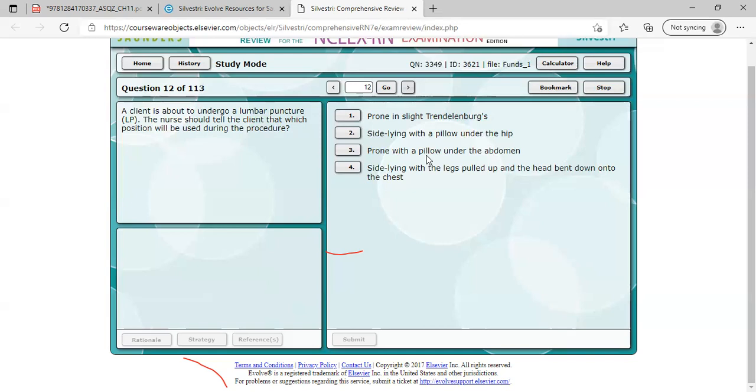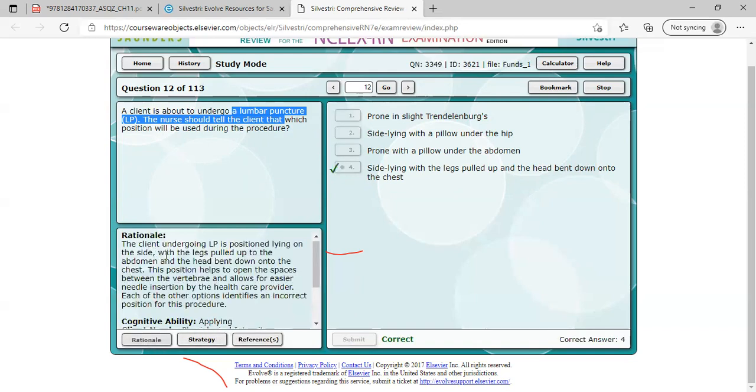Prone means lie on the abdomen. But when patient need lumbar puncture, always patient should be side lying with the legs pulled up and head bent down into the chest. This should be the ideal position for the patient. Why?